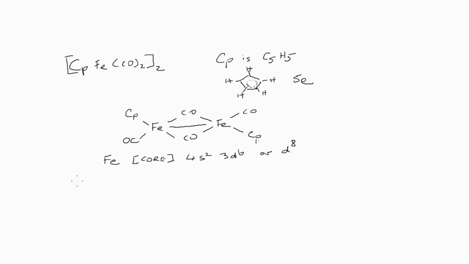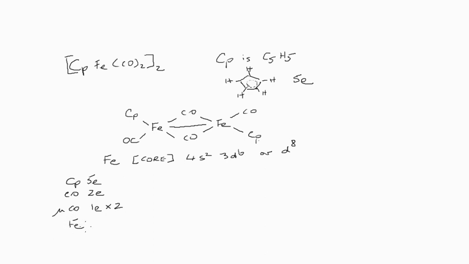So let's start doing the count. We have Cp is 5 electrons. We have CO, which is 2 electrons for the terminal, and each of the bridging COs contributes 1 electron to each metal. So we have 2 of those. Around 1 iron, we're only looking around the 1 iron at the moment.